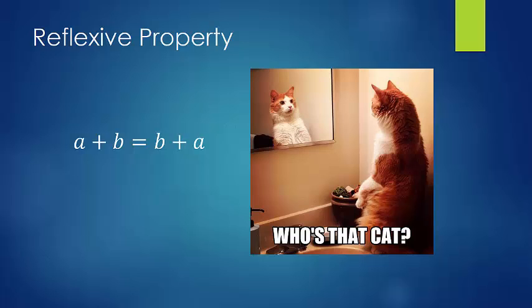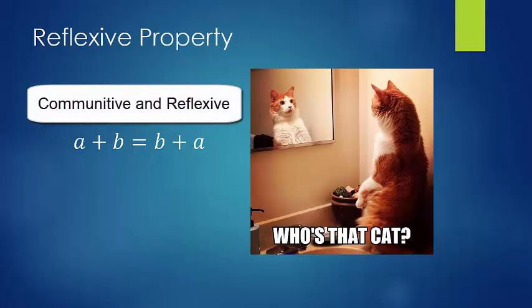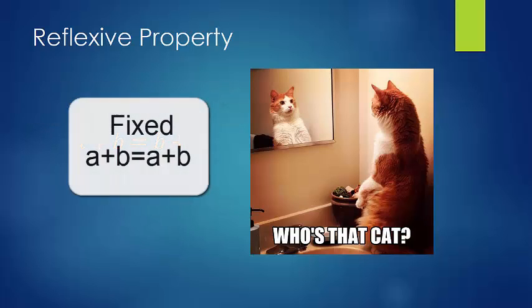Pause the video and think about what properties they are. The two properties are reflexive and commutative, because the reflexive property says that both sides are equal, but then the commutative property is saying that the order can change with addition.